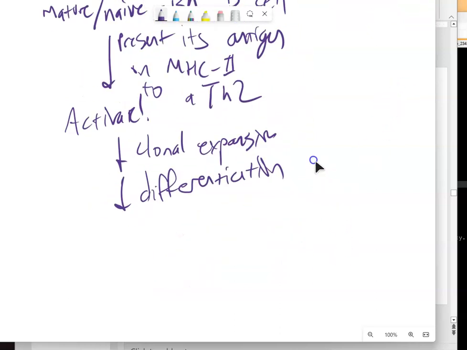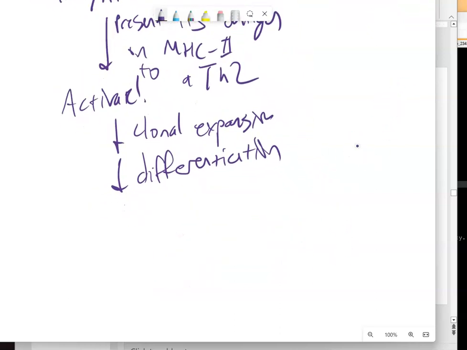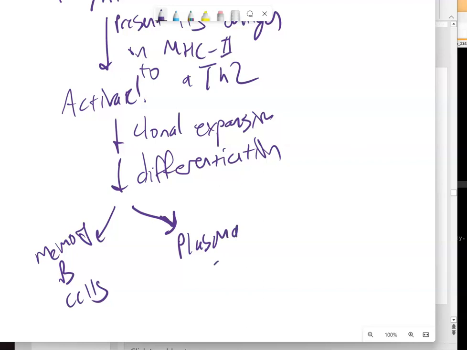And so what do you get when a B cell goes through differentiation? You get memory B cells that give you your immune memory, and you get plasma cells. I don't know where the name plasma cell comes from, but it doesn't tell you anything useful.